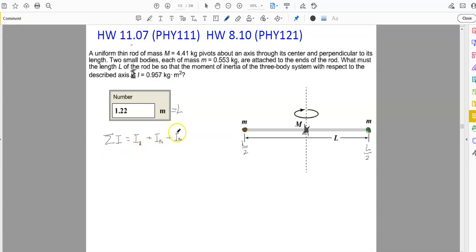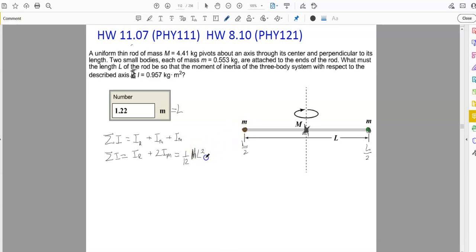Okay, and these two moments of inertia are going to be the same. So essentially, the rod's moment of inertia plus two of those small masses' moments of inertia. That is going to be equal to, the rod is 1/12 M, and this is capital M. Got to distinguish it. These are small m's.